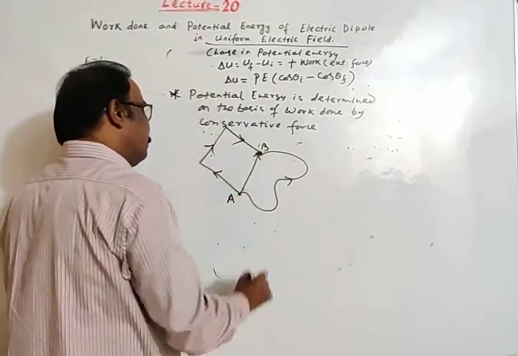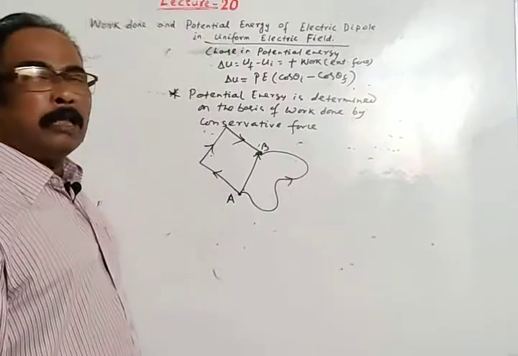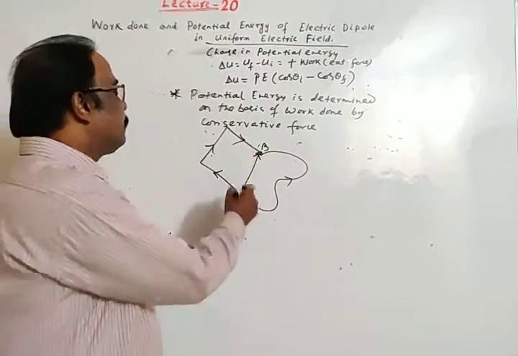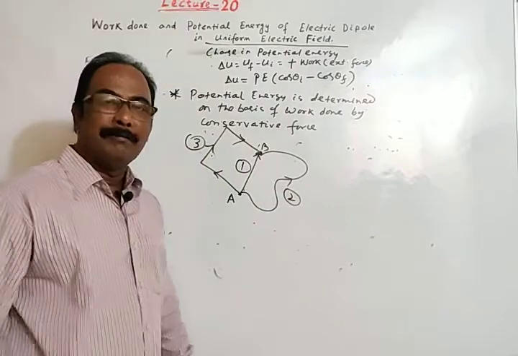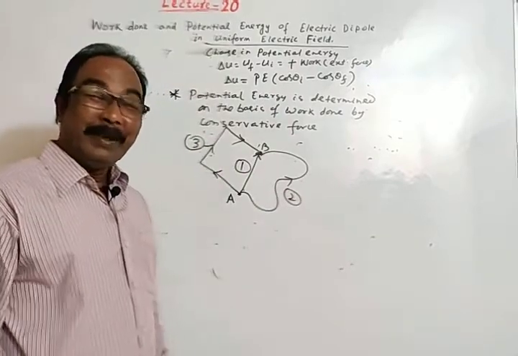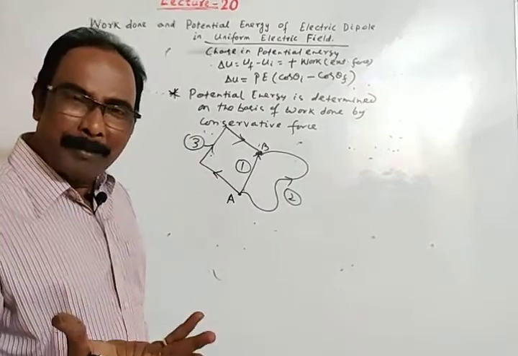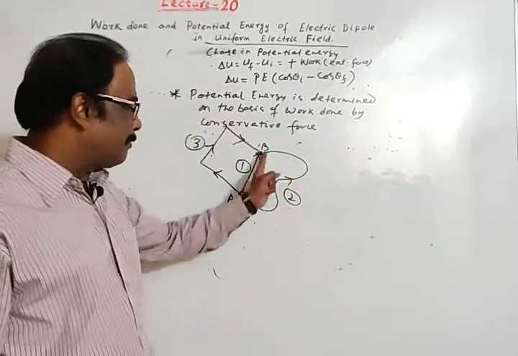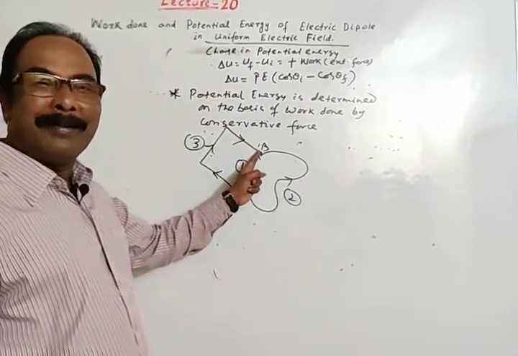Okay, so under the basis of non-conservative force, this is path 1, this is path 2, this is path 3. So work done by non-conservative force depends upon path. Okay, then work will be different if path followed are different.